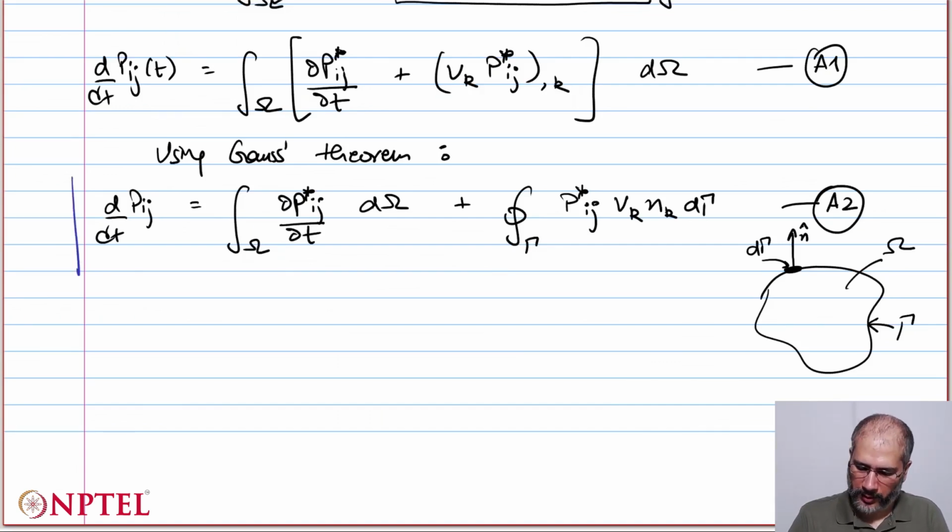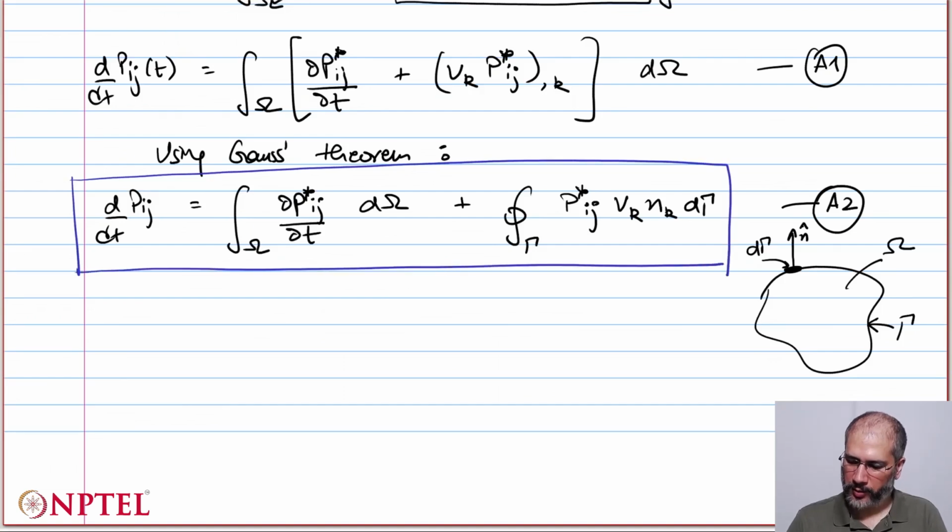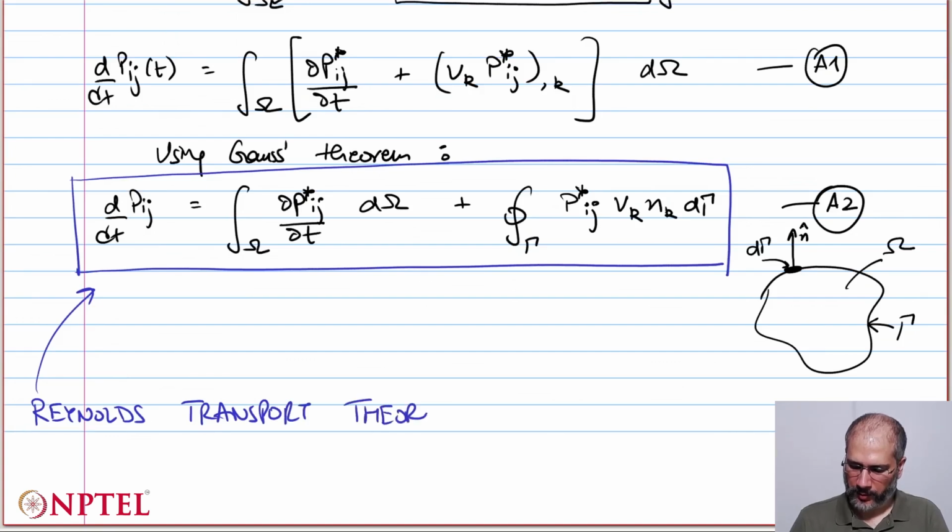And usually this is the form of the transport theorem that is typically discussed in books and literature. So we'll call this the Reynolds transport theorem, which sometimes is called just the transport theorem.